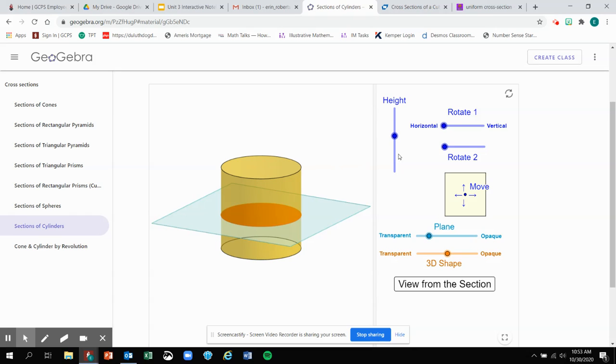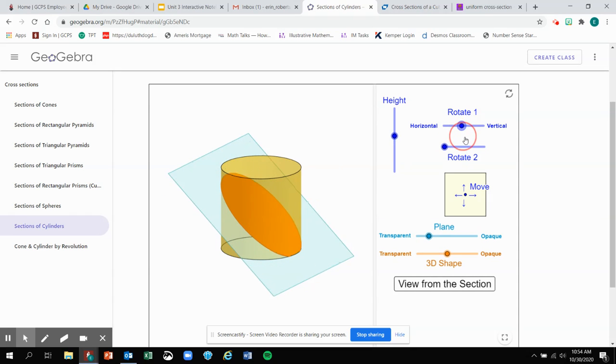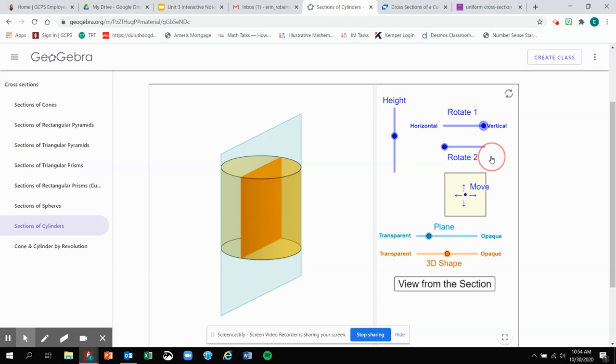So in the cylinder, the base is a circle. Well, if I'm going perpendicular to the base, then I'm going straight up and down so that I'm intersecting that base. Well, if I do that, if I were to take that cylinder apart, you see that I would have a rectangle. So for the cylinder, perpendicular to the base would be rectangle.